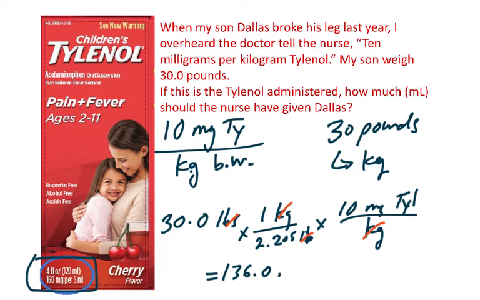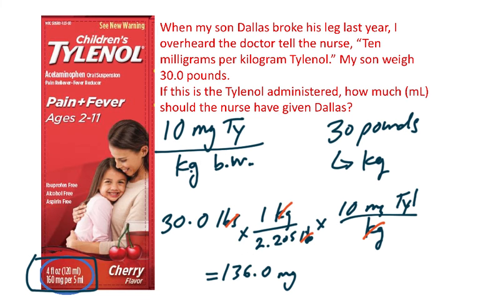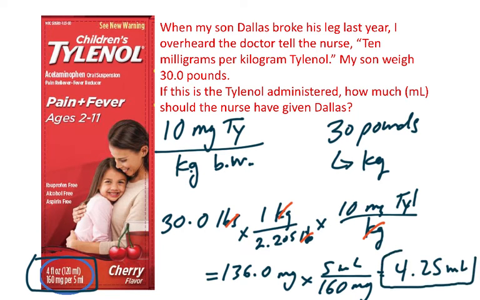136.0 milligrams. And then actually, that's not what was asked for, is it? It's milliliters. So there's one more step, and that's now using the concentration. So now we can multiply by 5 milliliters per 160 milligrams as given on the label. And they would have given him 4.25 milliliters.